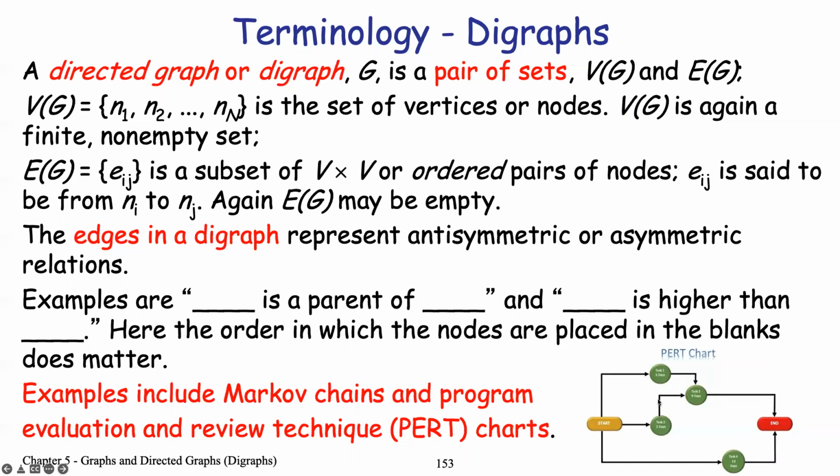So you can see here, you can think of a program evaluation review technique, a PERT chart, which is a digraph where you can go in one direction. You're going from an input to an output. And so here we have a couple of things that are done in parallel, and then eventually they all converge to the end game of what you're trying to do in a PERT chart. And so schedules or critical path are examples of how that can be useful in system engineering.